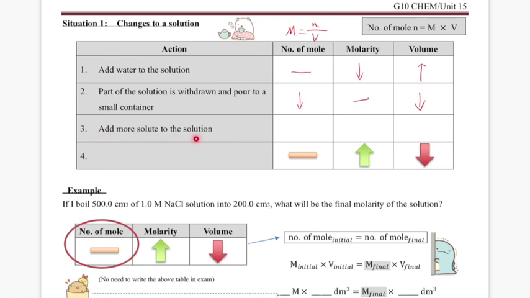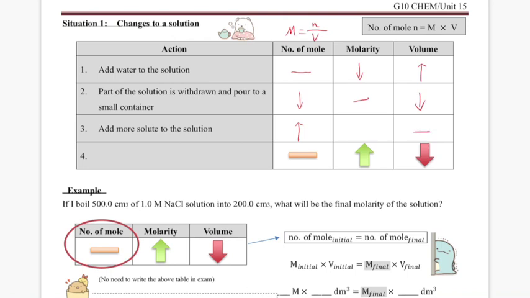Add more solute to the solution. Here we have a direct change to the solute, so the number of moles of the solute should increase. When we are adding the solute to the solution, there will actually be a tiny change to the total volume, and we just ignore this change.